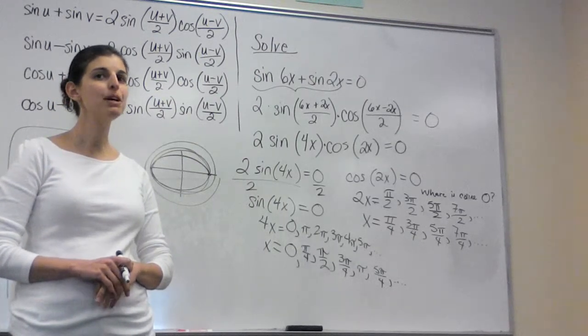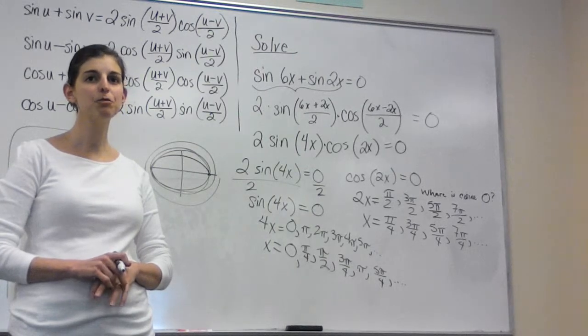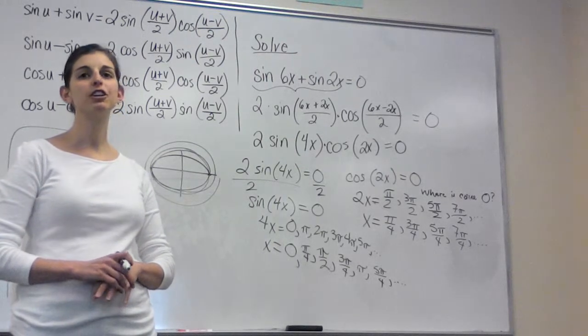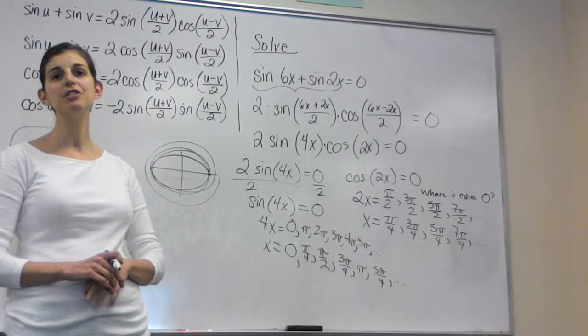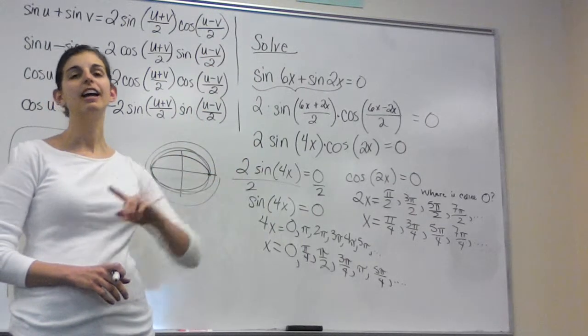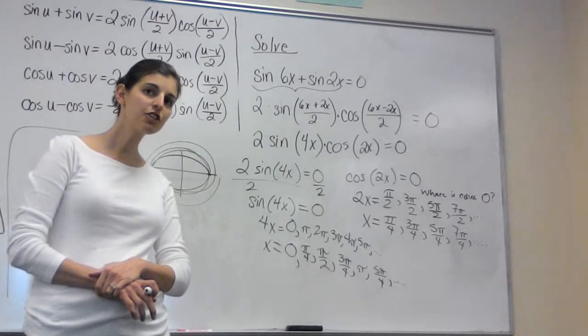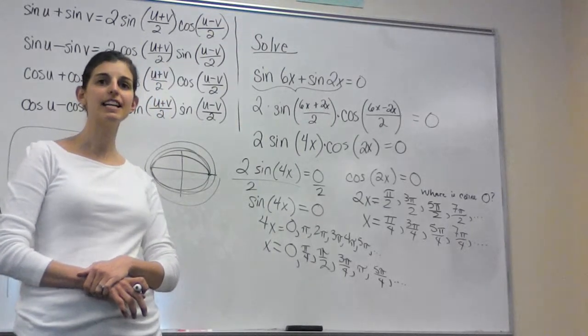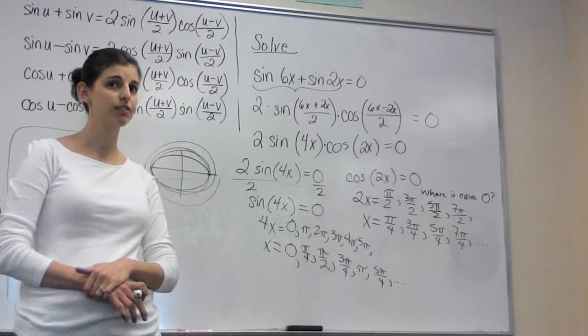If you have to be on the interval 0 to 2 pi, you should include all values that are in 0 to 2 pi. If you are not given an interval, the dot, dot, dot is actually okay for right now.